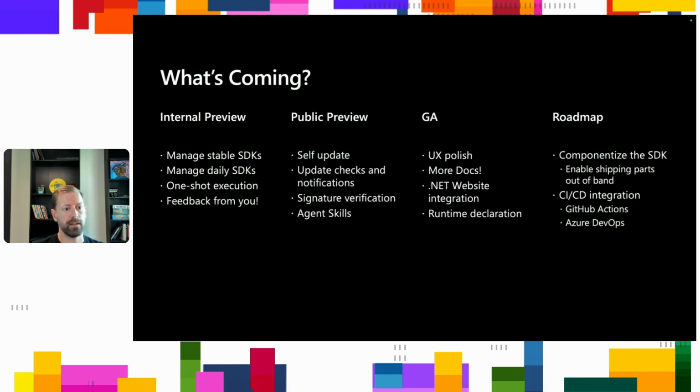And so one of the things that we want the internal preview to enable you to do is to try that out, right? We would like you to be able to say in your global.json or at the command line, hey, give me the 11 nightlies. Give me the hot builds for 11 and just let me have a way to try those out easily.